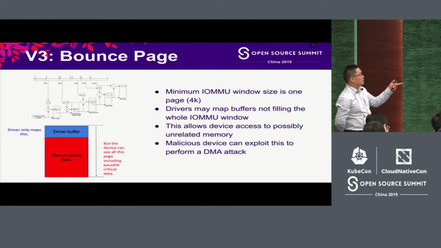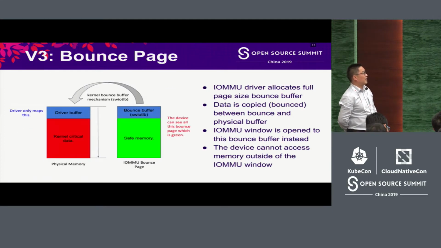In the upper graph, the device will directly visit this buffer, and in our solution we add the bounce page, so the device visits not the final buffer, but the bounce page to the right.